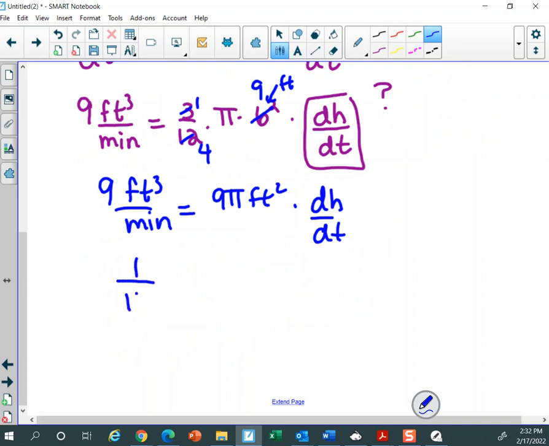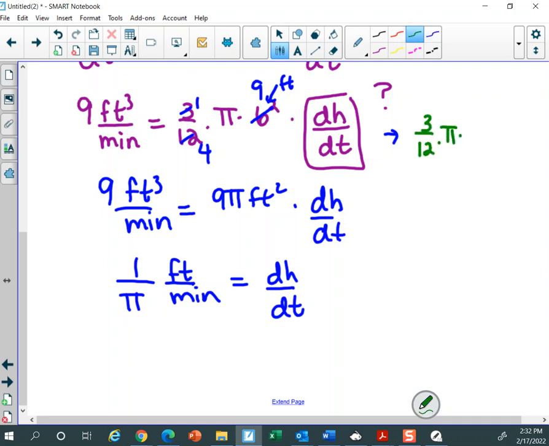So once again, be careful. 1/pi foot per minute is dh/dt. Make a little note over here. So it was 3/12 times pi times 6 feet times 6 feet. And so that's how we got our square feet over here. That 6 was squared and that 6 was feet.